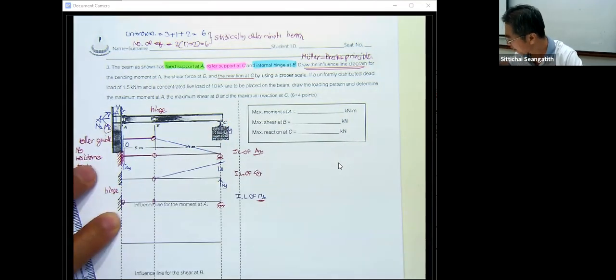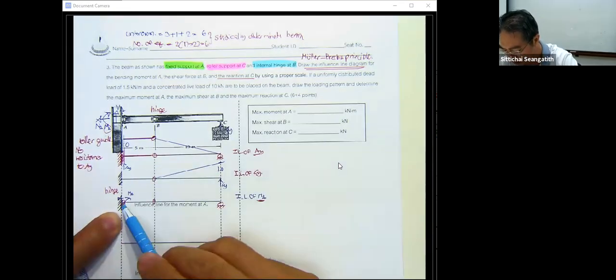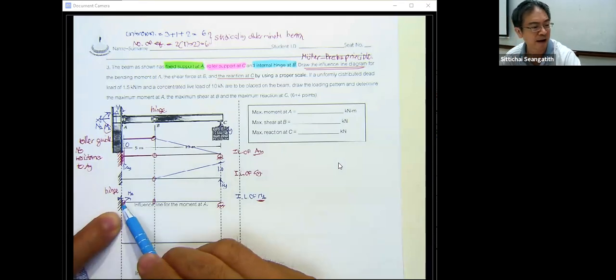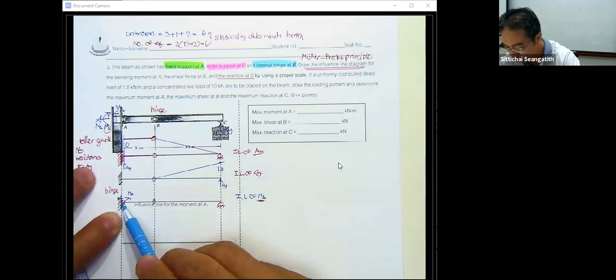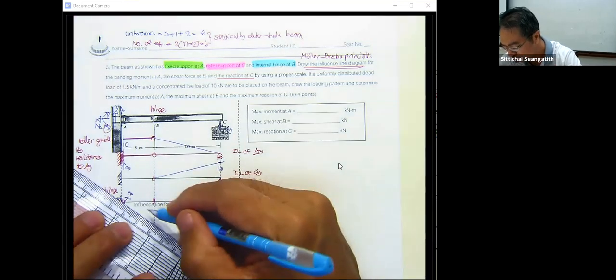And then you also put the moment M sub A at this point. What happens is this one produces nothing because it acts at the wall. So over here they're supposed to rotate.